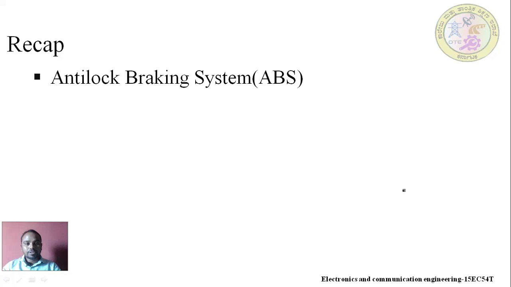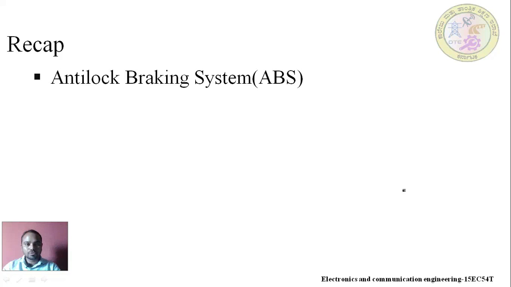The components involved in ABS are wheel sensors, electronic control unit, hydraulic pumps or hydraulic valves, and the braking system. The wheel sensor gathers information from the wheel.